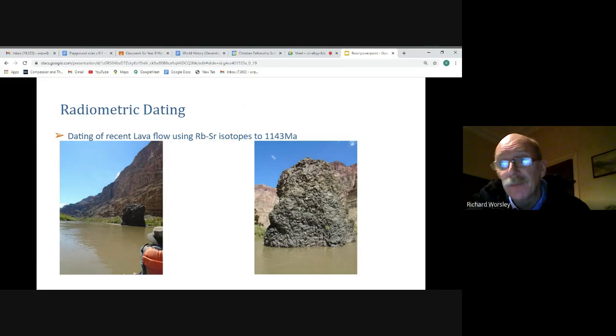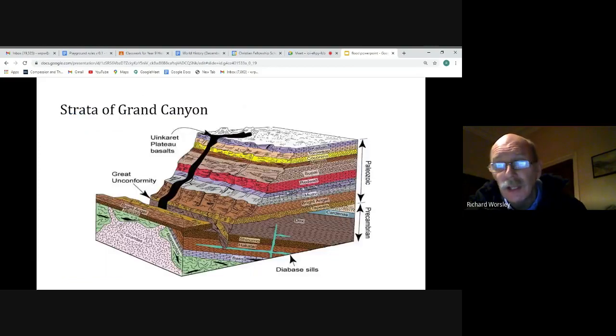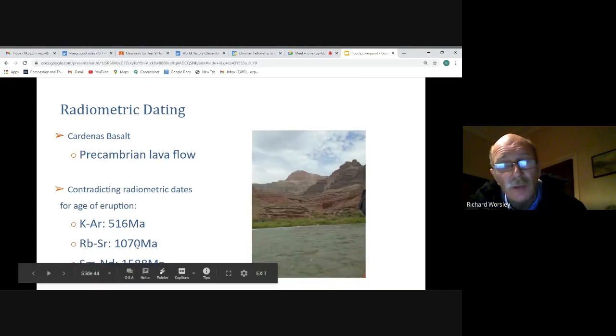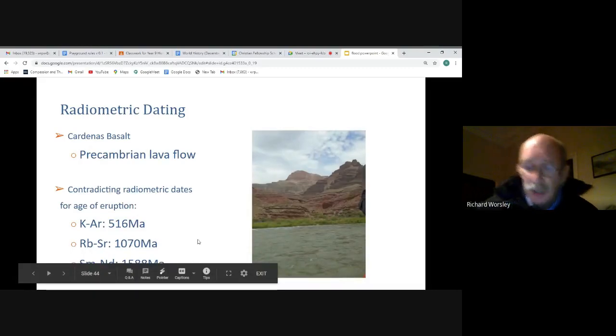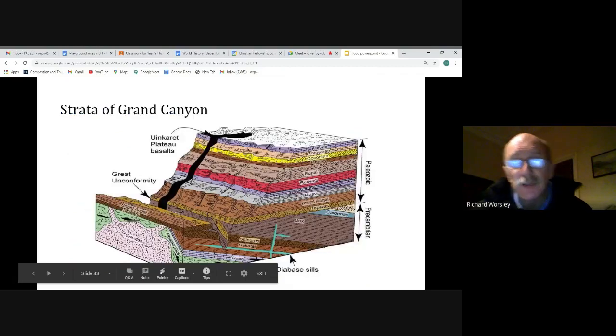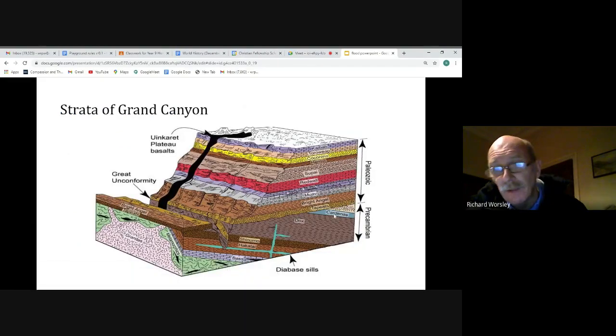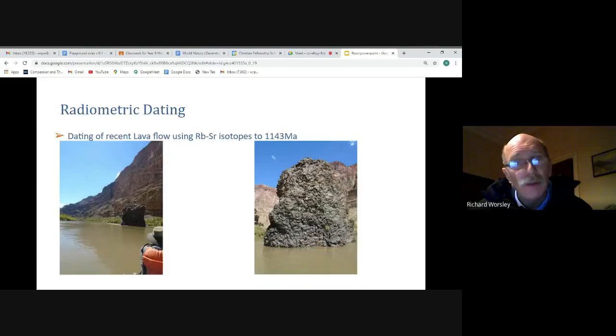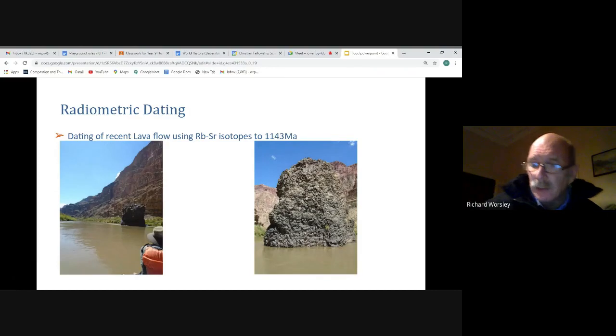In fact, if you look carefully, this rubidium-strontium one is 1,000 million years for that lava flow. And yet the Cardenas one, if you remember, was only 1,000 million years. So it appears to be a little bit inconsistent to say this is actually older than this. And I think it's that level of errors, or let's say inconsistencies or anomalies, that make people think that maybe this system is not quite as reliable as we believe.